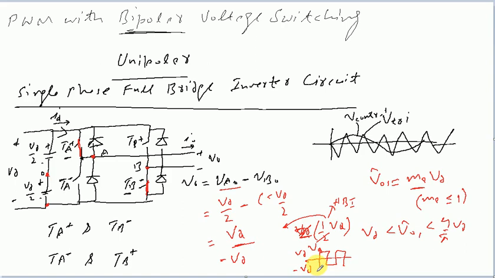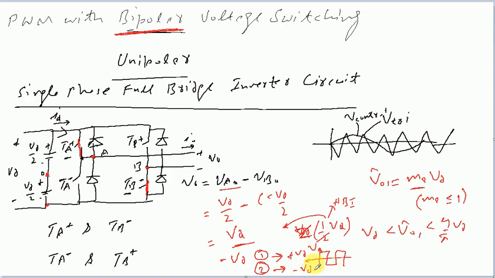Coming back to the definition I mentioned in the beginning, this is called a bipolar voltage switching scheme because the output voltage varies between two different polarities, plus Vd and minus Vd.